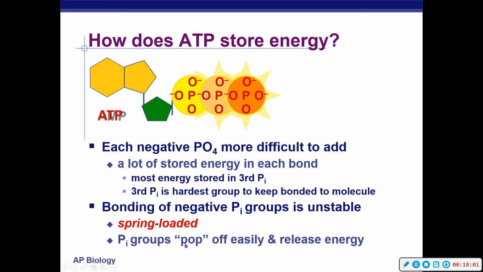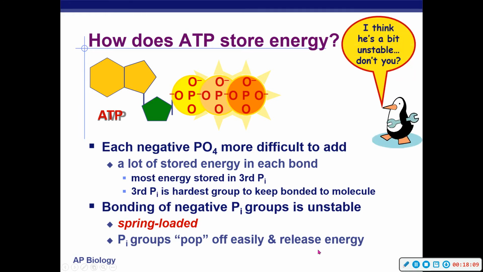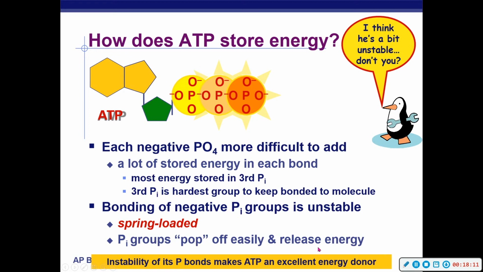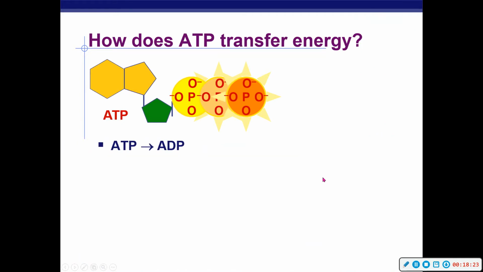It just wants to pop off so easily, and when it does, it will release energy. So it's an excellent energy donor. Not good for storage, but an excellent quick energy donor because of that spring-loaded last phosphate group.